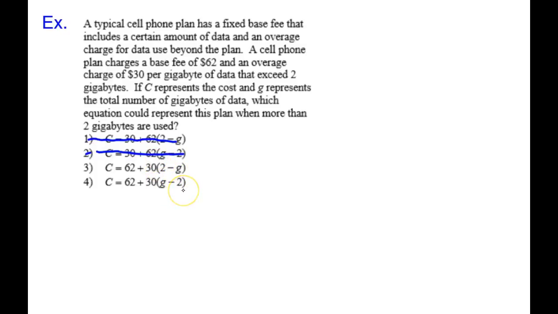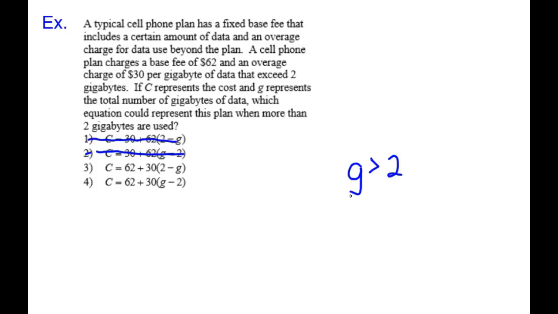So the only difference between 3 and 4 is that inside the parentheses in 3 it's 2 minus g, and in 4 it's g minus 2. So we have to determine which one of those is arranged correctly. One thing we have to remember in this equation is we're looking for the equation that represents gigabyte usage over the 2 that we're given.